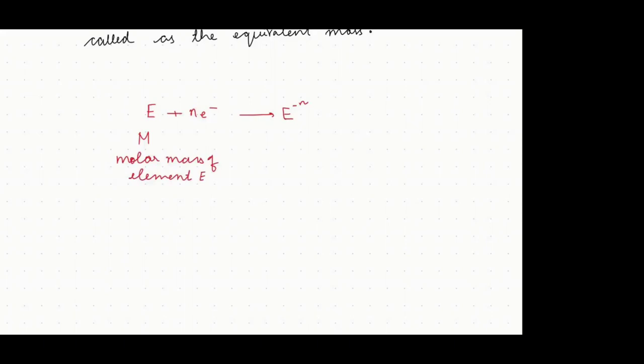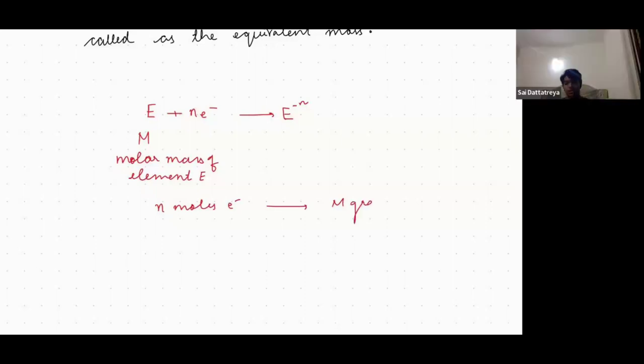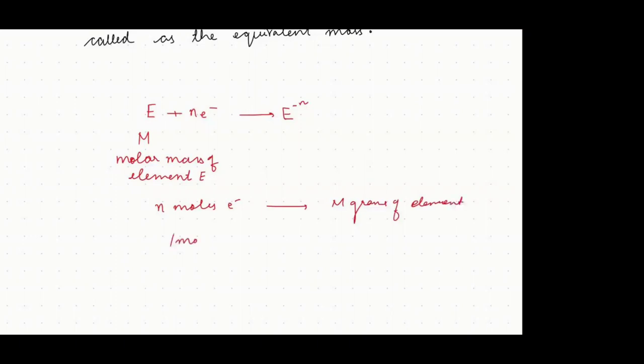That n moles of electrons are gained by M grams of the element, and hence 1 mole of electrons shall be gained by M by n grams of the element. And hence M by n would be the equivalent mass.